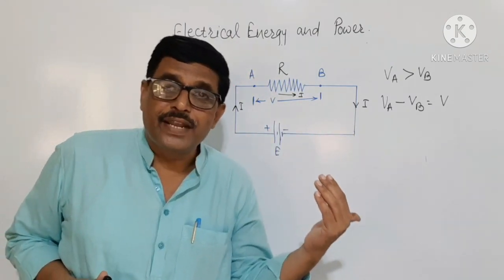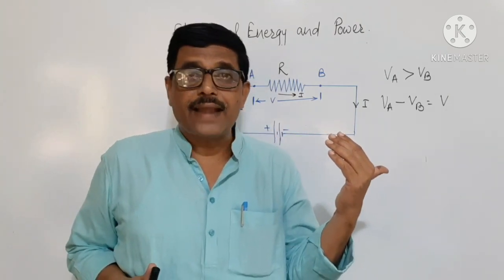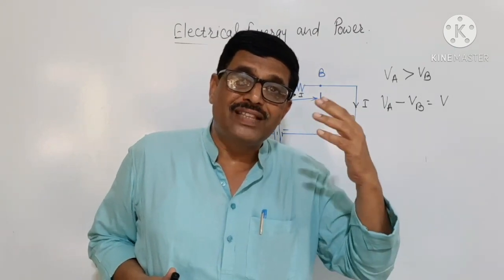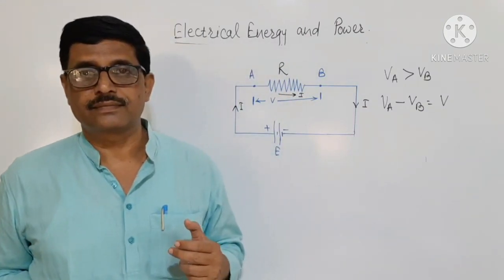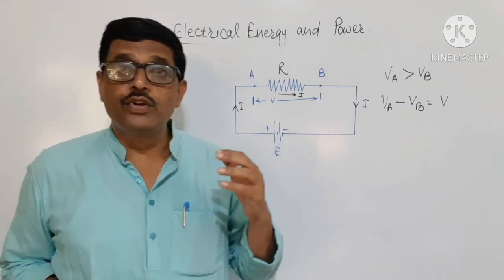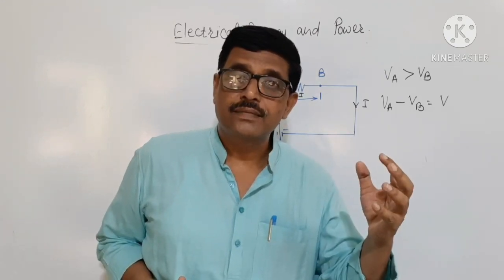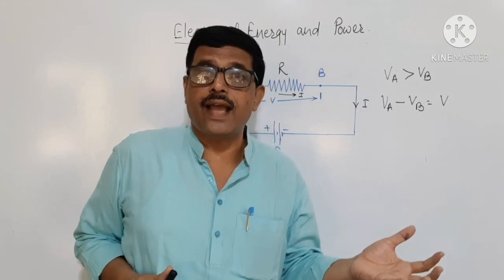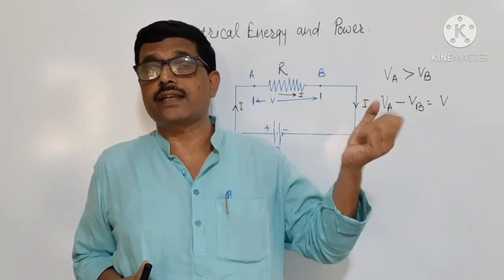And when it begins to move towards the positive terminal of the battery, at that time they collide with the positive ion cores. During that collision, the electron loses energy and the ion core absorbs kinetic energy.